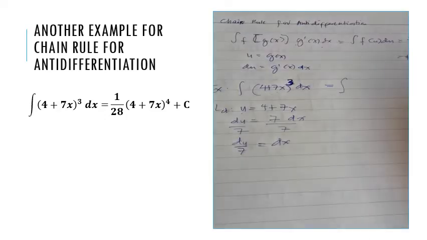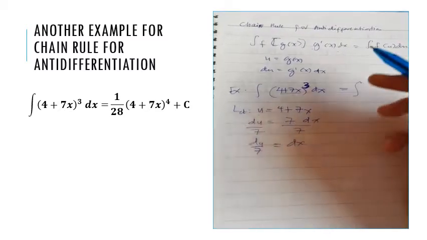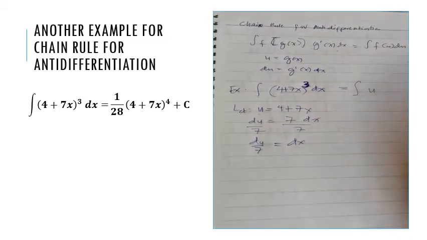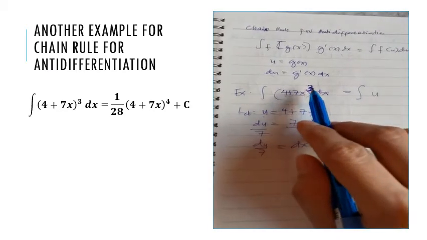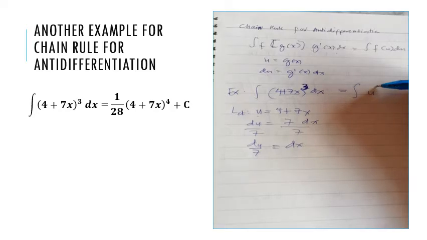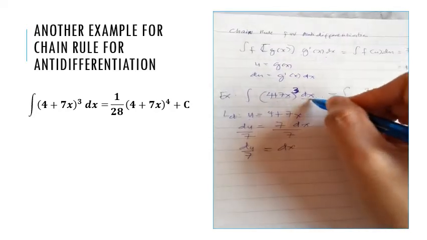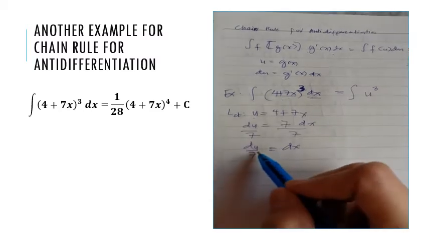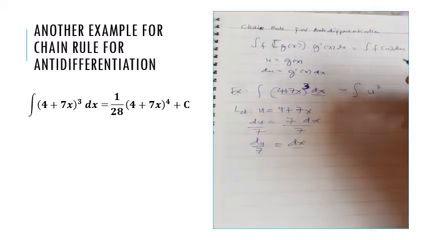So we have the integral of 4 plus 7x, which we replace by variable u, since that is what we let earlier. We keep the exponent 3, and dx is replaced by du over 7.